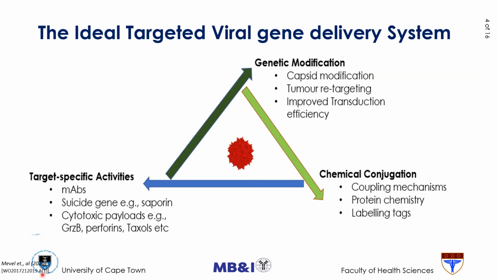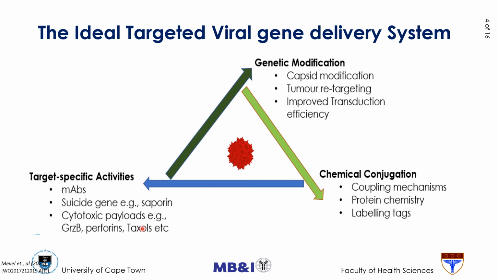Emerging evidence is showing that the ideal targeted viral gene delivery system should have genetic modifications where the capsid is modified for tumor targeting and improved transduction. There should be chemical conjugation, where bioconjugation strategies are used to couple the surface of the virus or the genome of the virus with a cytotoxic payload or fluorophores using protein chemistry or rational protein engineering.